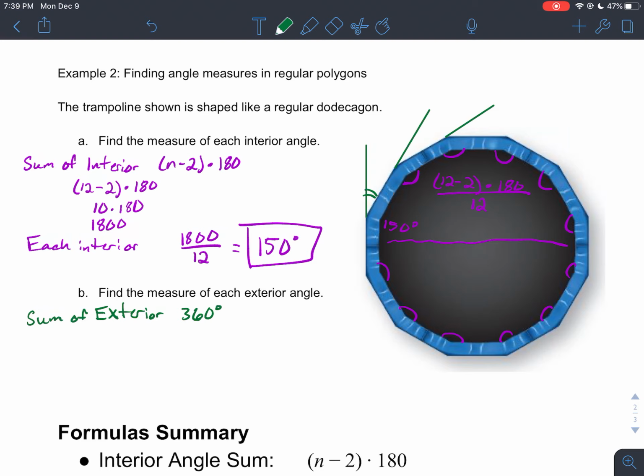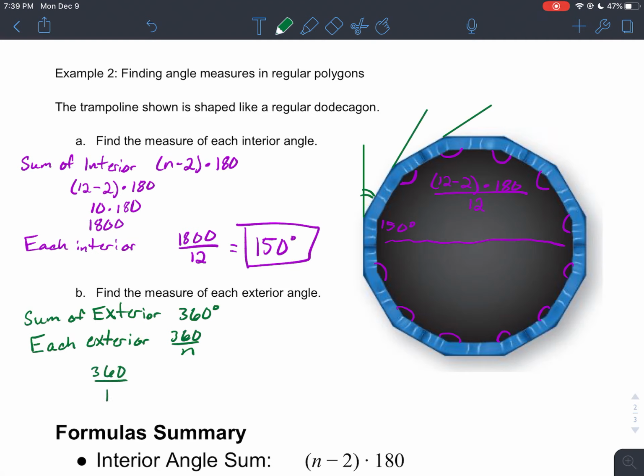No math involved, just all of them together is going to be 360 degrees. And since this is a regular dodecagon, which means all the corners are the same, then each exterior angle would just be 360 divided by the number of corners, okay? So in this case, it would be 360 divided by 12. So I'm going to double check my work on that, make sure I'm not having a brain fart. Nope, okay. So 360 divided by 12 is 30 degrees.